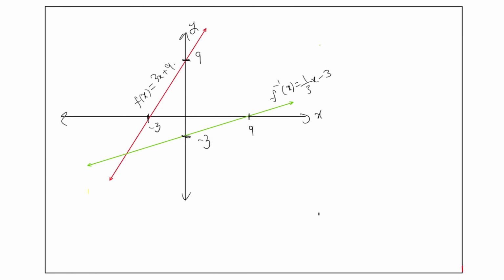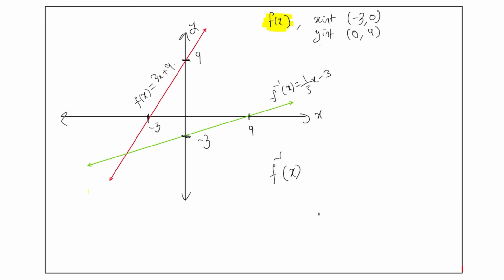Let's write these out in terms of ordered pairs. For the original function, f of x, the x-intercept, we would write the coordinates as follows: the x-intercept is (-3, 0), and the y-intercept would be (0, 9). Now, the inverse function, I'll write down below.